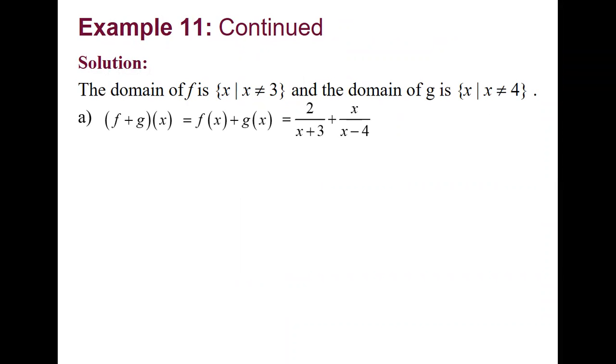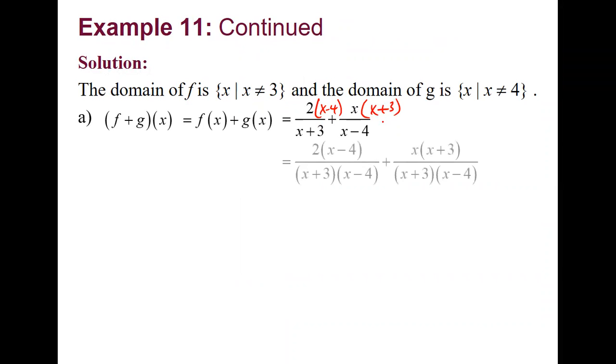Because they are fractions, they must have what in order to be added together? A common denominator. So I'm going to multiply this guy by x minus 4 and this guy by x plus 3 to create a common denominator. Do we see that? Okay, now that they have a common denominator, I can go ahead and combine them into one fraction.